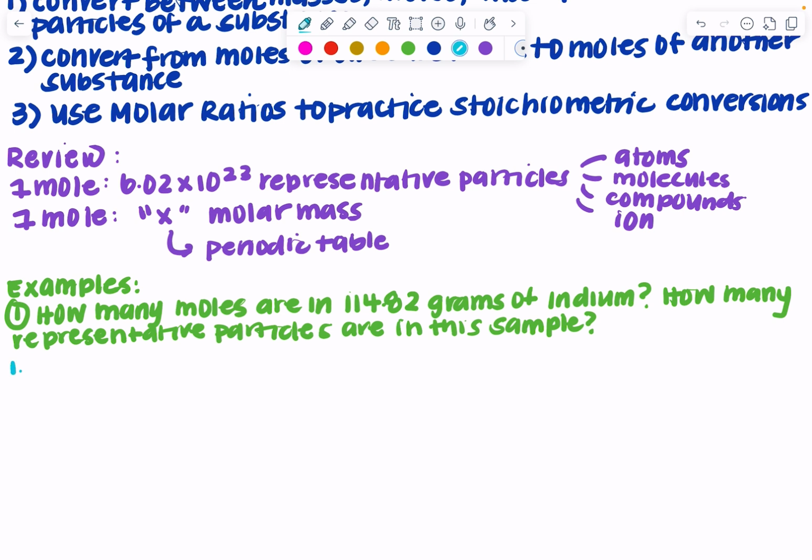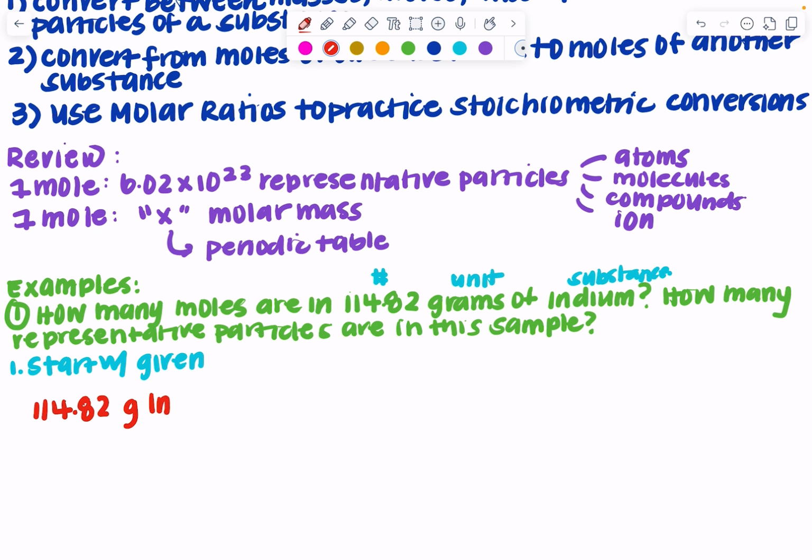The first thing we always want to do is start with our given. And our given is going to be a number, a unit, and a substance. Okay? So automatically, we're going to start with 114.82 grams of indium. And indium is on the periodic table. It's just an element.